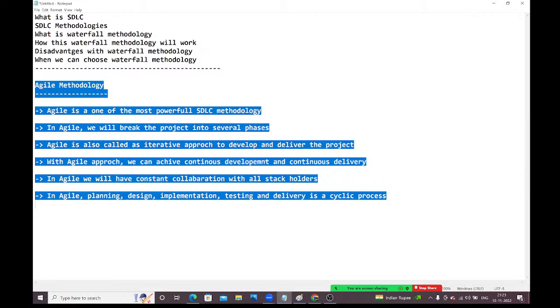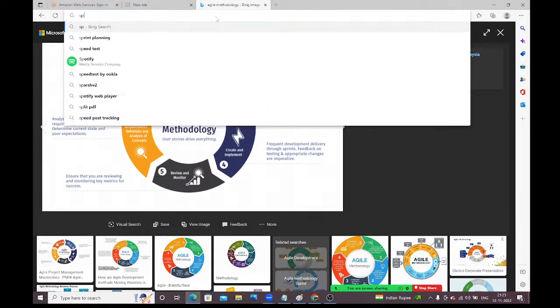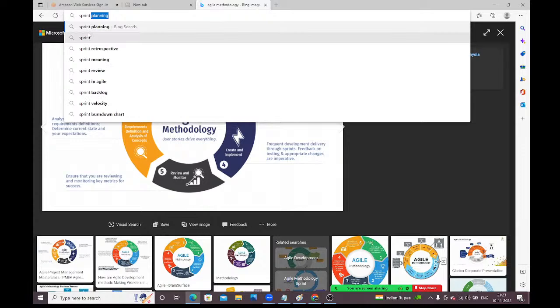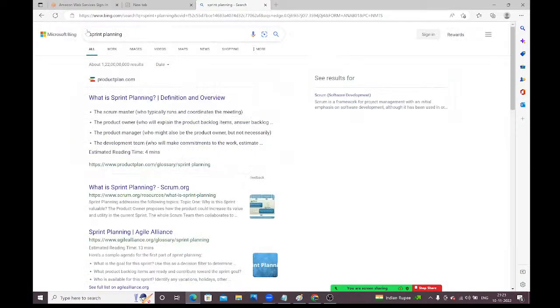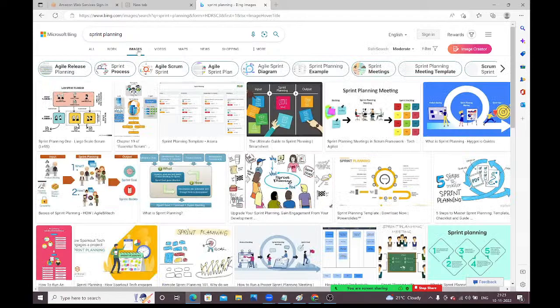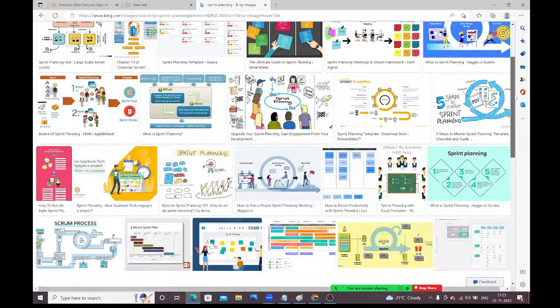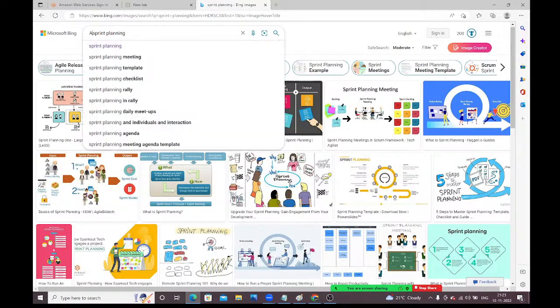Right, guys. Next, observe carefully. Here, how we will divide the project into multiple sprints. Multiple sprints, guys. Sprint planning. Let me take one more diagram related to sprint. Go to images. Let me take the Agile sprint planning one.